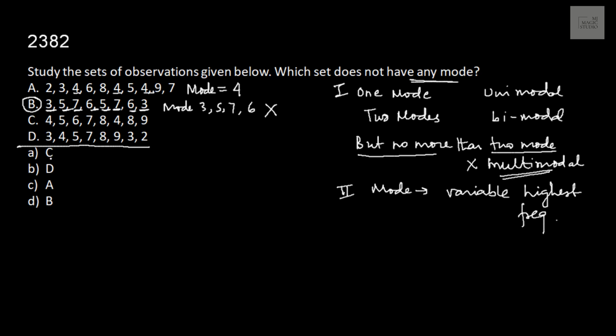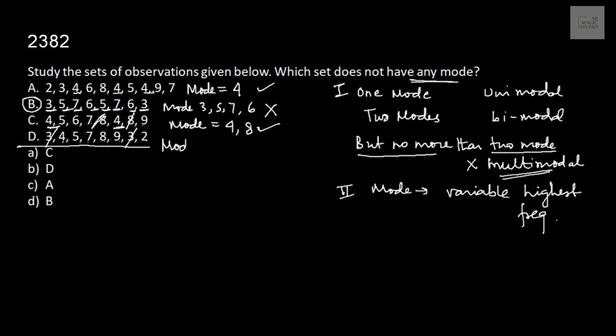Now let's check for C and D. For C, 4 is occurring twice and 8 is also occurring twice, otherwise all other values are occurring once. That means for distribution C, we have two modes, 4 and 8, which is acceptable because a distribution can be bimodal. Looking at distribution D, 3 is occurring twice, otherwise all other variables are occurring once only.